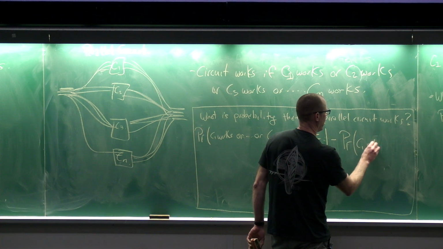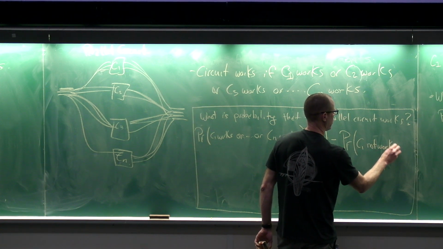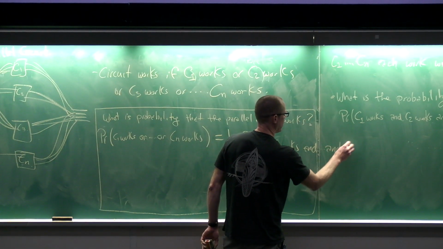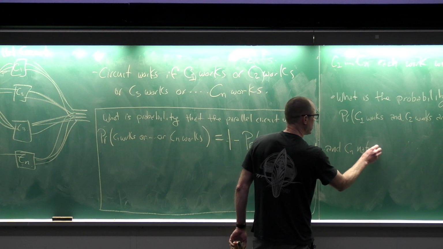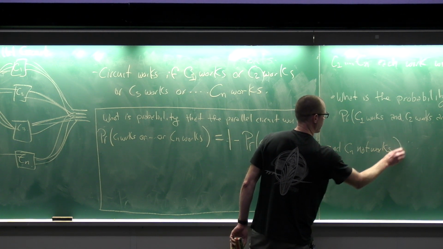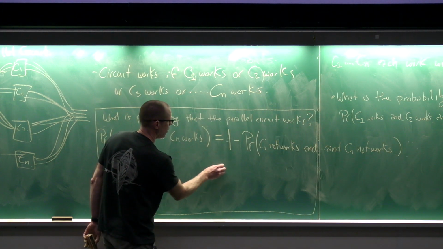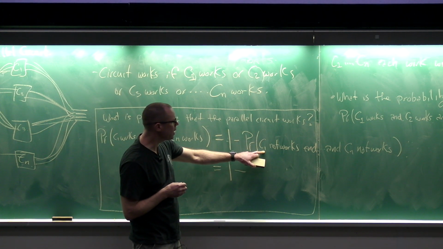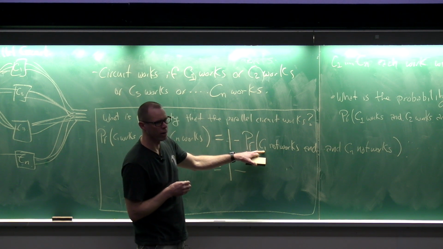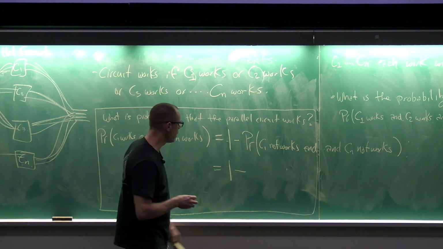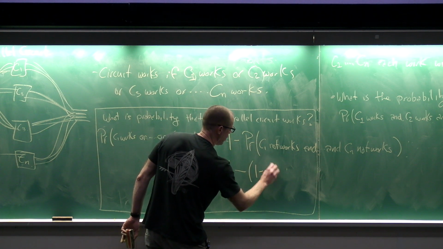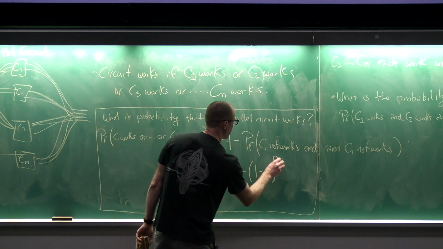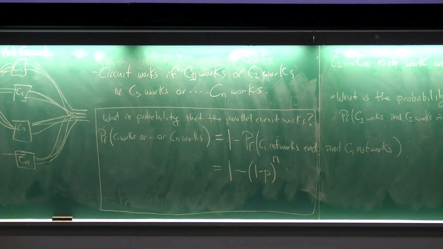C1 not works, and all the way up to Cn not works. Excuse my grammar. And that is equal to 1 minus... The probability that C1 works is P, therefore the probability that C1 not works is 1 minus P. And the same is true for C2, C3, and C4, all the way up to Cn. So we get 1 minus (1 minus P) to the n.